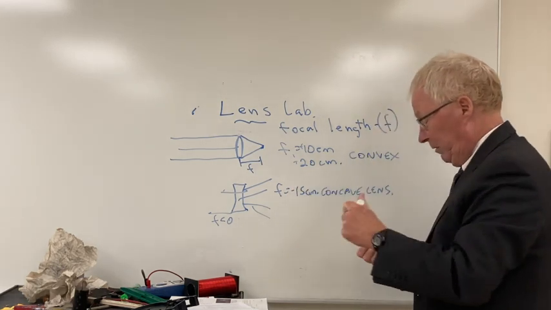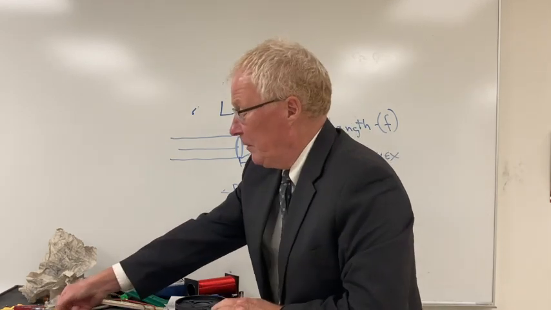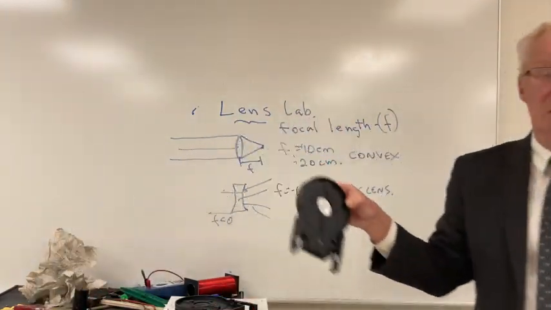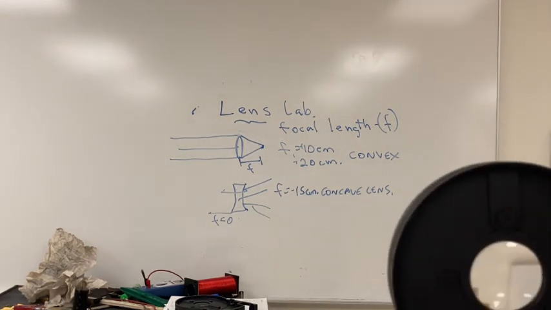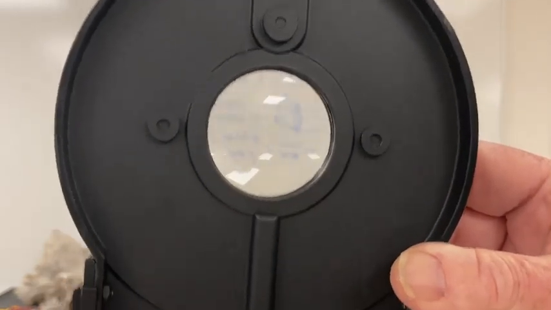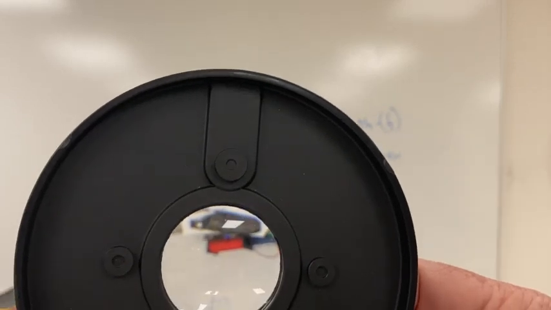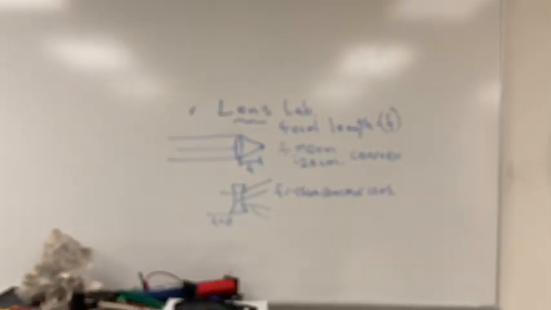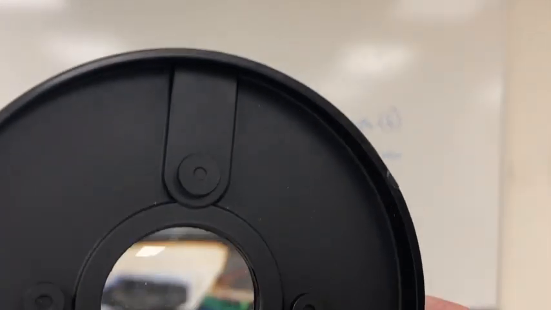So let me compare how each one works, because I'm kind of jumping here. We take a convex lens, and you look through it. You notice how everything is upside down, right? The things on the table in the back are all upside down. That's what a real image is.